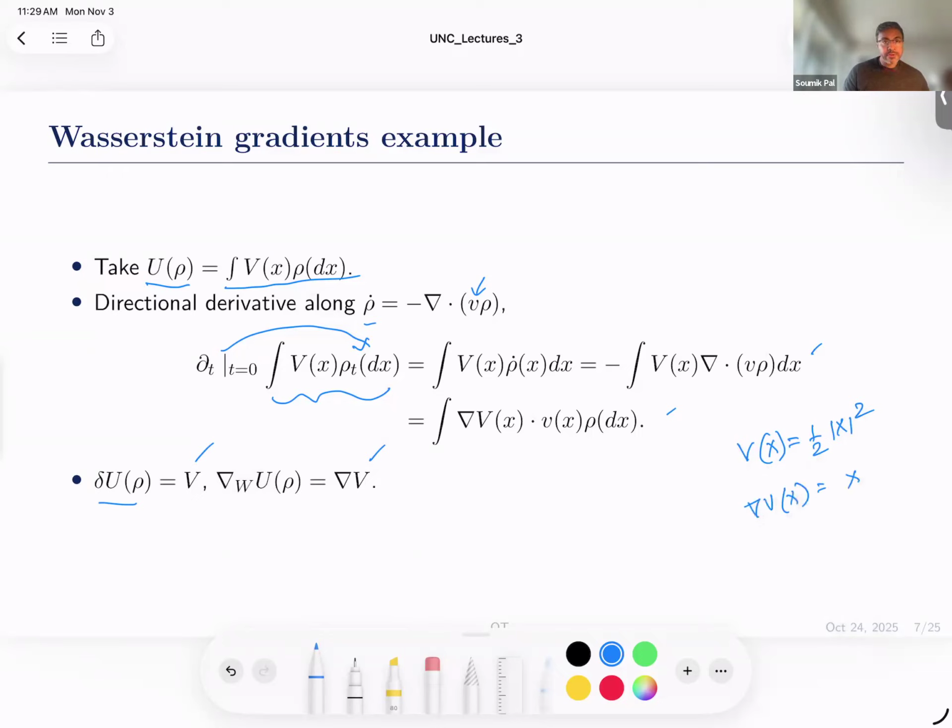That's just x. So if I'm integrating u of rho with 1/2 of norm x squared, then I'm looking into the squared error moment, the second moment, and the directional derivative is just this function, which is scalar, and the Wasserstein gradient is the vector, which is the gradient of this scalar.